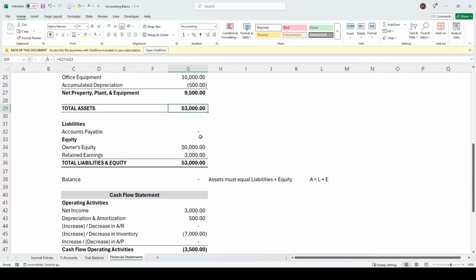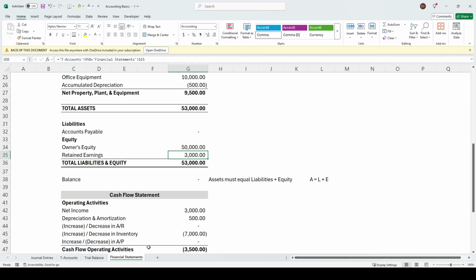Next up, we have our liabilities and accounts payable. If you recall, we ended the month with $0 of accounts payable. And as for equity, if you recall, the owner contributed $50,000, and then we also have retained earnings. And so retained earnings, if you see, there's a formula here.